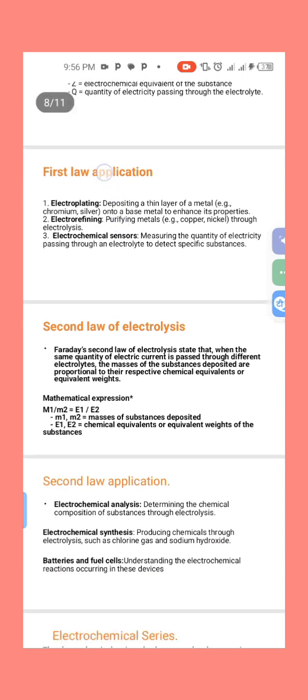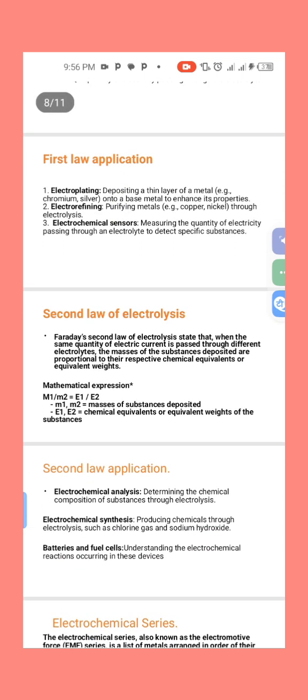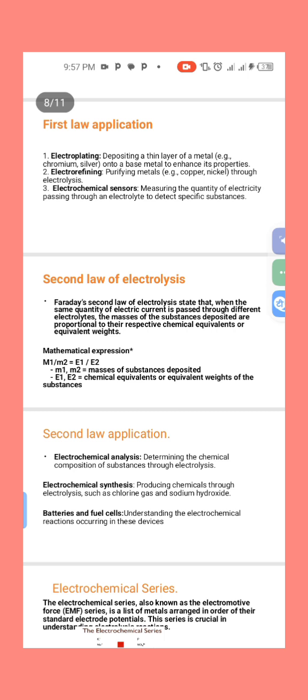The second law of electrolysis states that when the same quantity of electricity is passed through different electrolytes, the masses of the substances deposited are proportional to their respective chemical equivalents or chemical equivalent weights.